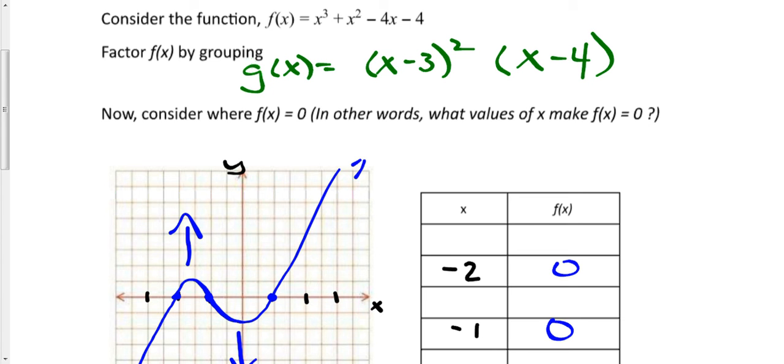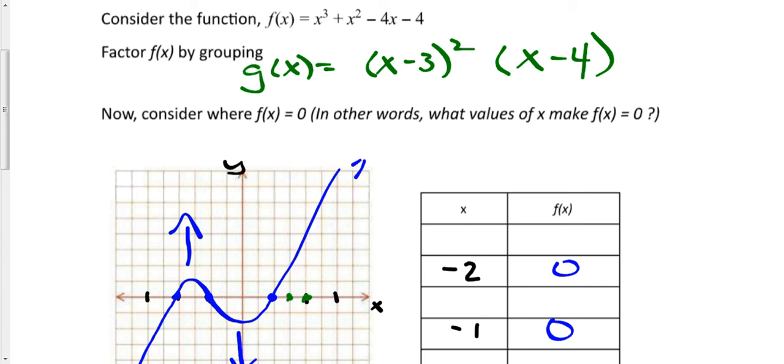First of all, where are my zeros? 3 and 4, right? So I'm going to have a 0 there and a 0 there. Now, has this got a negative leading coefficient, do you think? No. No, because x times x times x is x cubed. It's going to be positive x cubed, right?